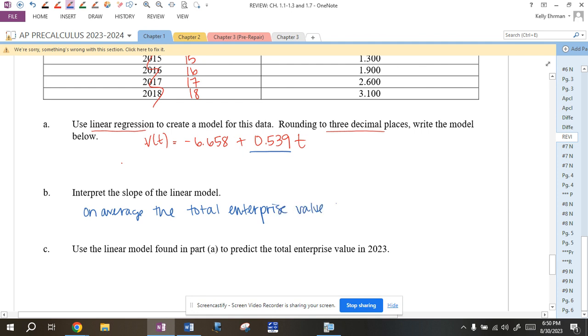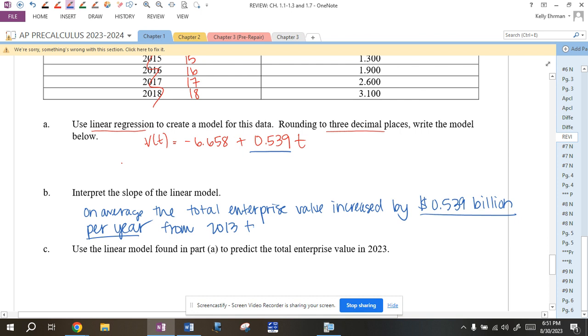The total enterprise value increased by $0.539 billion. So $500 million-ish dollars per year. It's important to have that $1 billion per year, not just $1 billion in general, from 2013 to 2018.